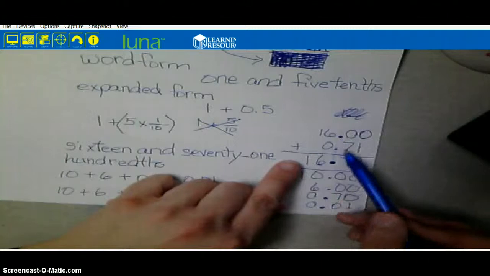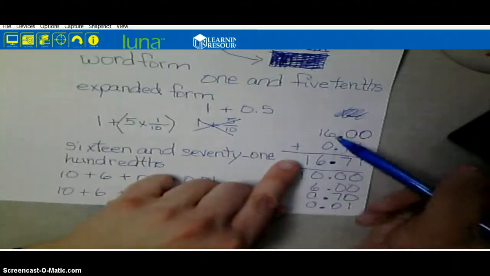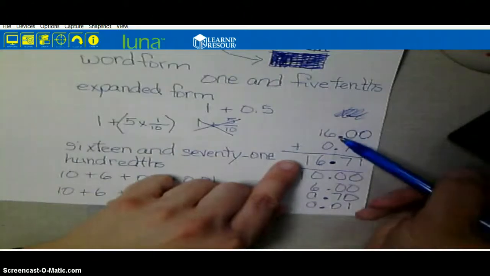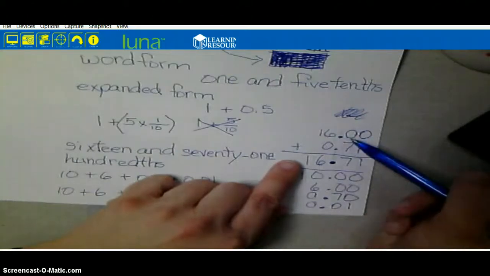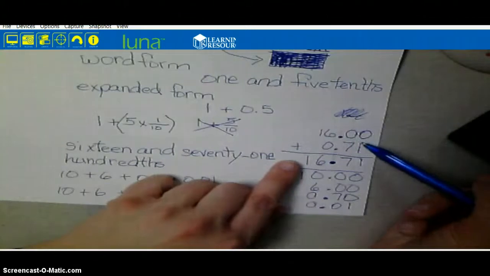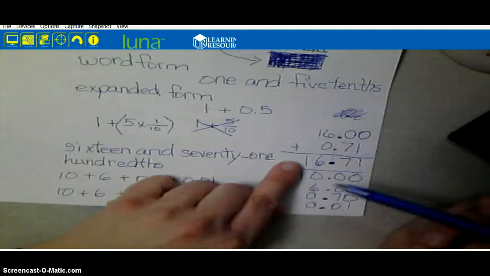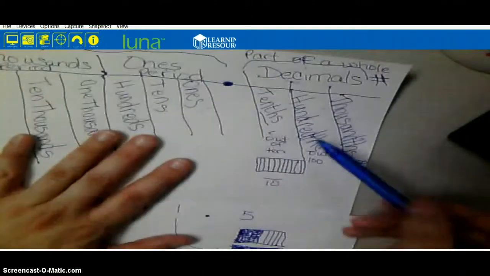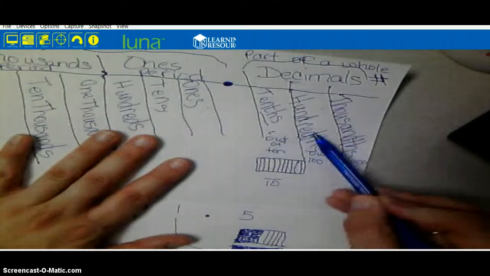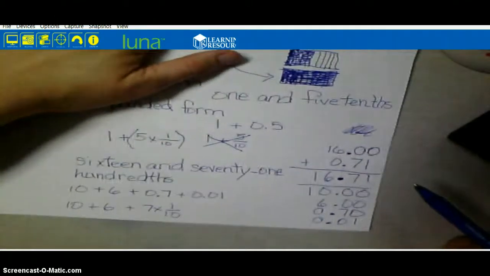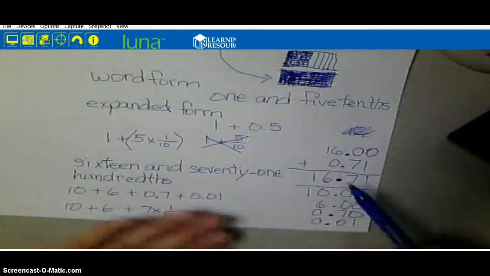So we put the other decimal down, 0.71, and then we said, well, if I want to make 16 into a decimal, I'll put a period at the end of the 16 and add however many zeros are needed. Well, 71 comes 2 places over, so I need 2 zeros. And 2 places over means I land in the hundredths place, 71. So I'm going to use the name 71 hundredths because that's where I landed.